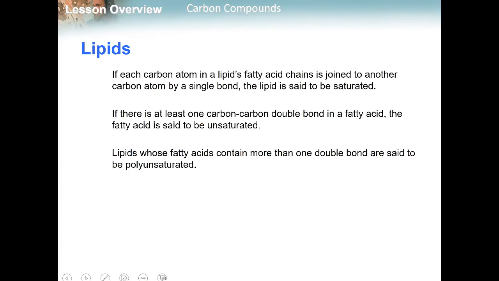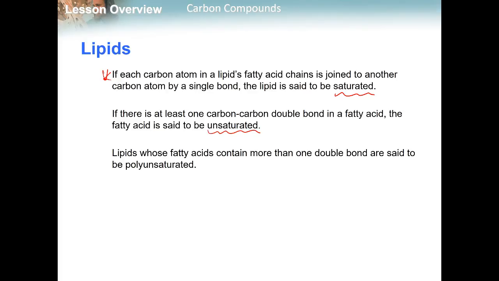So if each carbon atom in a lipid's fatty acid chain is joined to another carbon atom by a single bond, that lipid, as I said, is said to be saturated. If there's at least one carbon-carbon double bond in the fatty acid, then it's said to be unsaturated, because it can't hold the hydrogens, like I had mentioned.